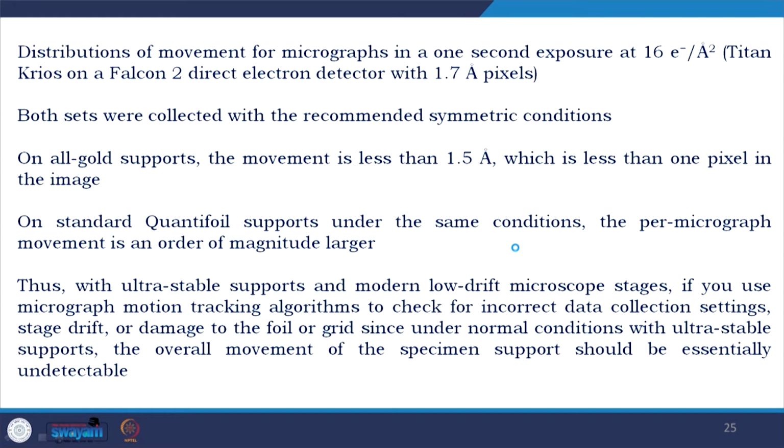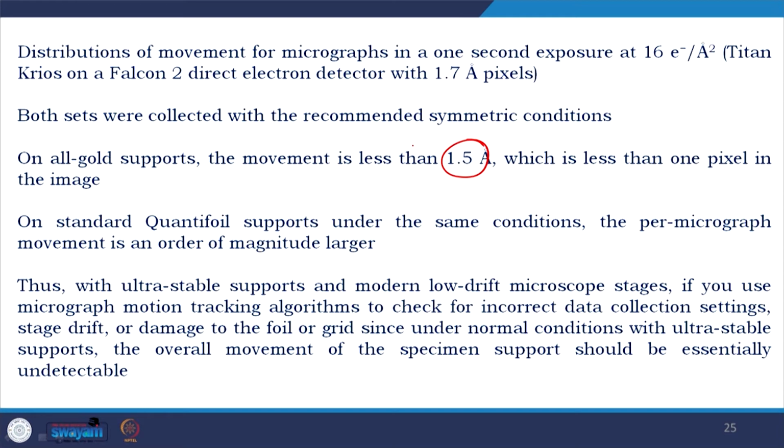Distribution of movement for micrographs in a 1 second exposure, which as we talked about before was on a Titan Krios with a Falcon 2 direct electron detector with 1.7 angstrom pixels. Both sets were collected with recommended symmetric illumination conditions. On all-gold support, the movement is less than 1.5 angstrom, which is less than 1 pixel in the image.